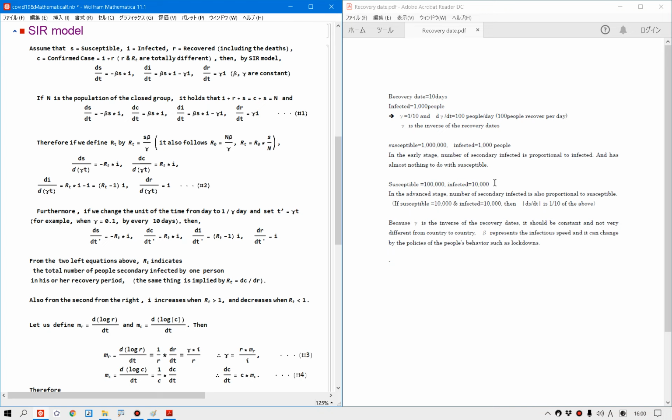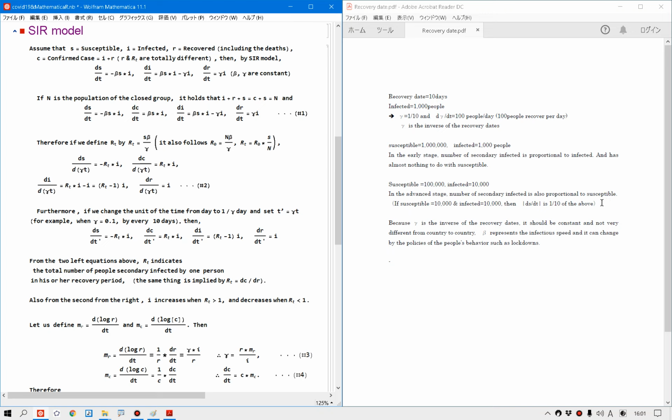If there is a lot of food, the speed only depends on the number of viruses. But if there is not much food, the speed also depends on how much food remains. So if susceptible is only 1/10 of 100,000, then the absolute value of dS/dt is 1/10 of the above. That's what they think.